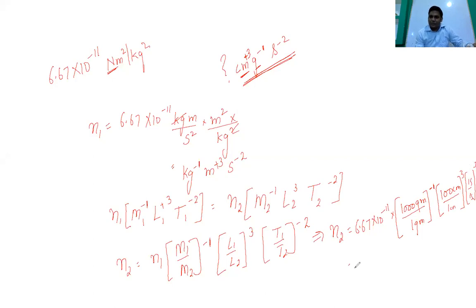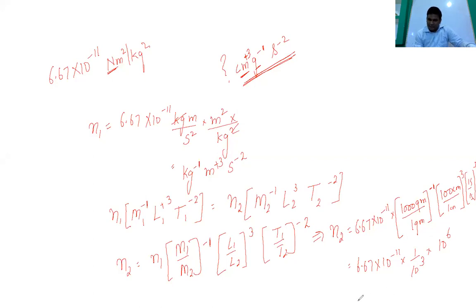So once you solve it, 6.67 into 10 to the power -11. This -1 is there, so this will become 10 power 3, and this is 100 to the power 3, so this will be 10 to the power 6.